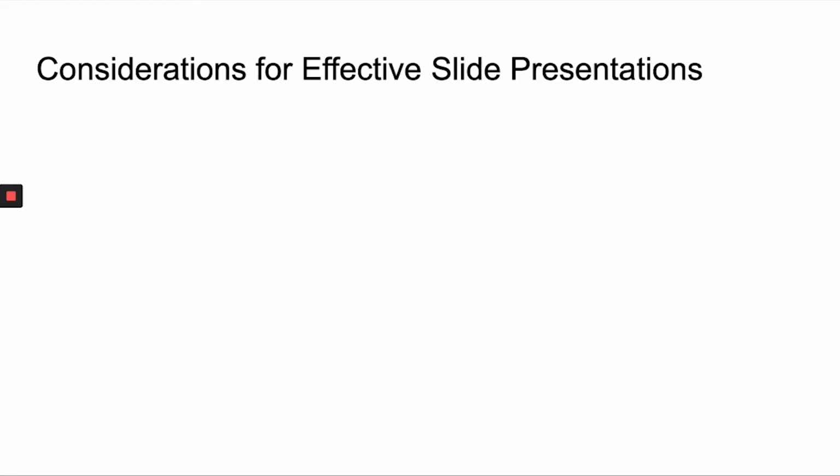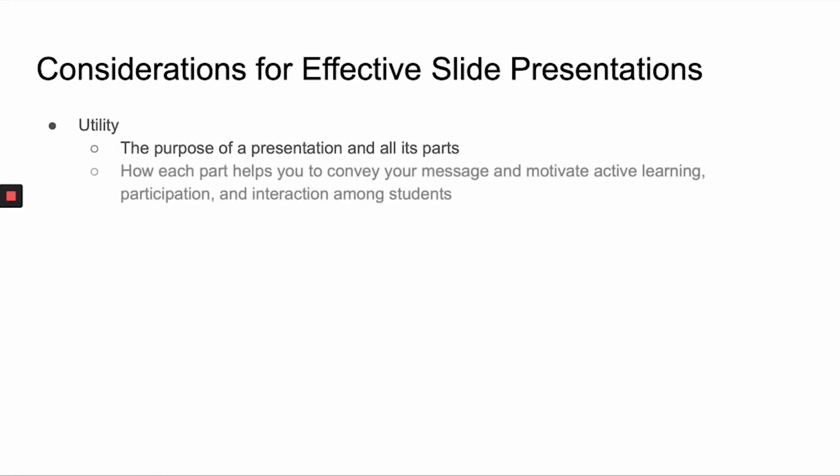When I say that we need to consider utility, I mean that we need to have an understanding of the purpose of a presentation and all its parts. Also that we need to have an understanding of how each part helps us to convey our message and motivate active learning, participation, and interaction among students.